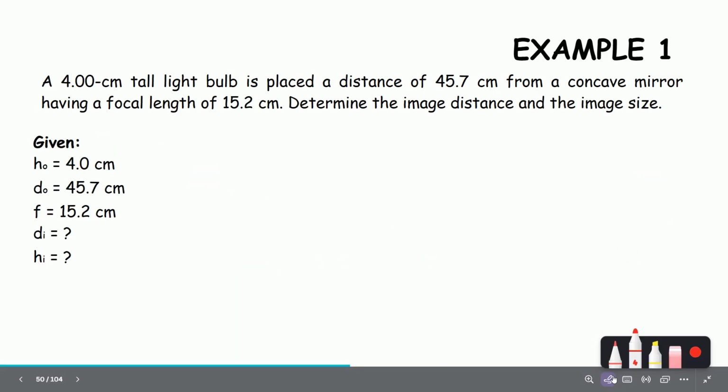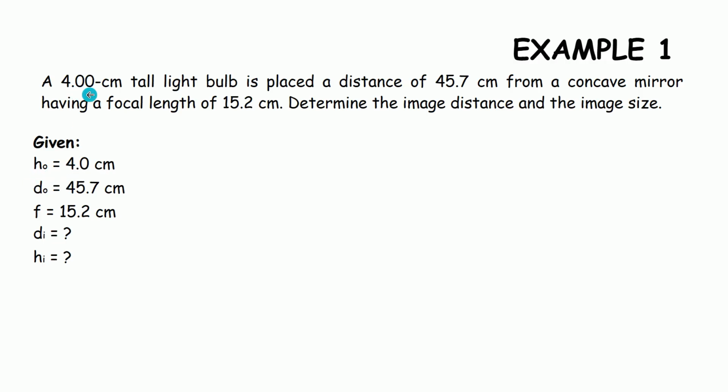So here it is. The given is our object height, which is 4 centimeter, and the object distance is 45.7 centimeter. Our f is 15.2 centimeter. So we must determine the image distance and the image size. What would be the first step?